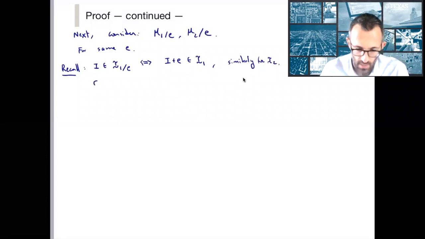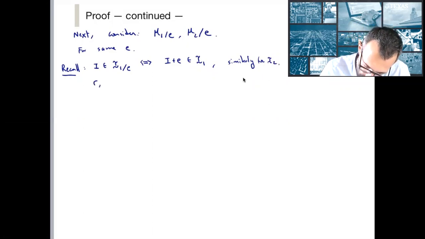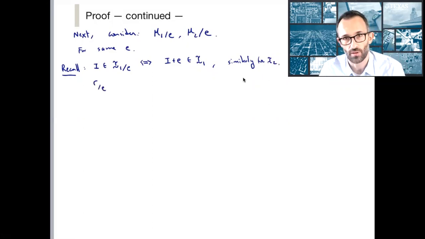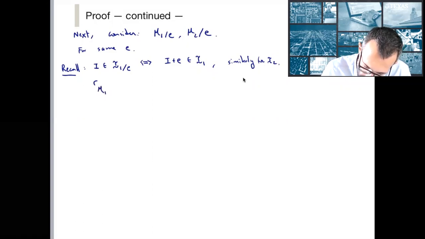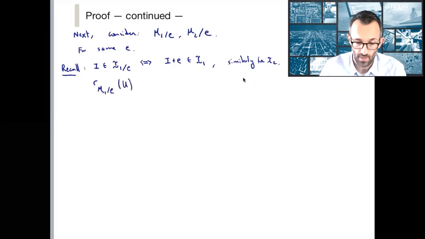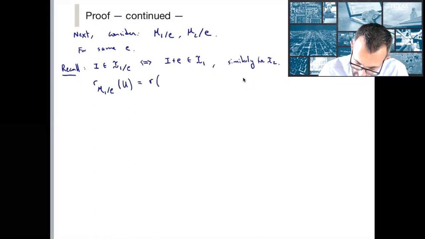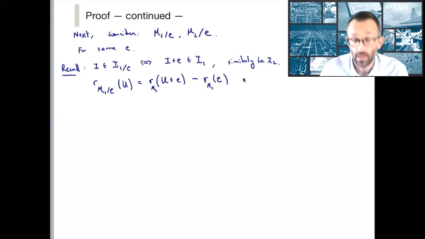The rank function, when we contract E, I'll write it as M1 contract E. The rank function of any set U is equal to the rank function in the original matroid, not with a contraction, of U plus E minus the rank in the original matroid of E. And we know that this last term is equal to 1 by assumption of what E we chose.